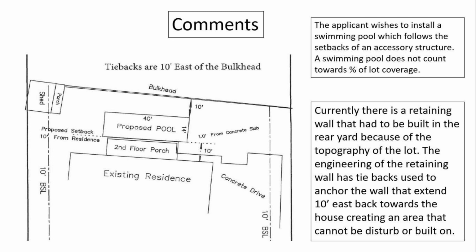A swimming pool is a unique accessory structure; the zoning ordinance does not specifically call out limitations on a pool, but in the past it has counted for the setbacks, but not for the lot coverage. I hope I made that clear. That's why we're looking at a swimming pool as an accessory structure.